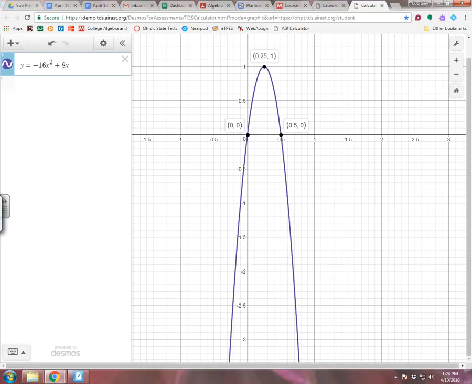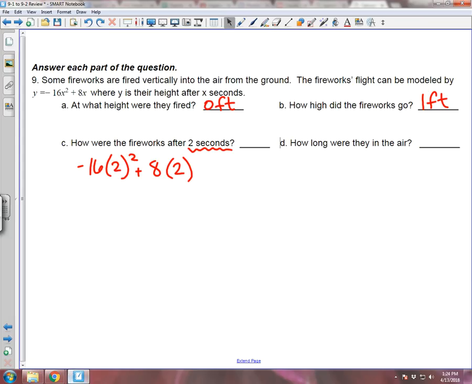So I think I'll just plug it in. What do you get? You get negative 48. But wait a second. That would be like into the ground. So what are you going to tell me? They're on the ground, right? Okay.